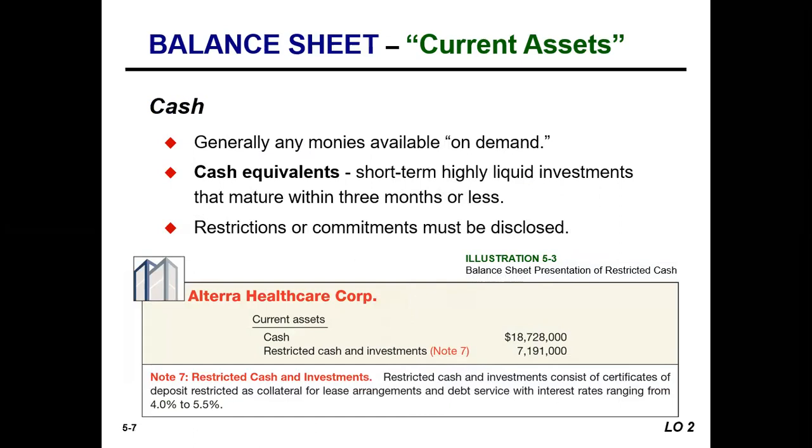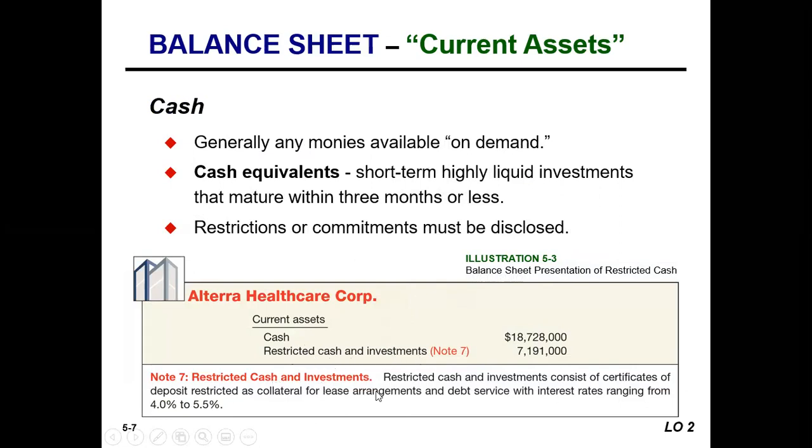Cash, again, we know what cash is, right? Cash equivalents, the other part of this: short-term, highly liquid investments that mature within 3 months or less. So we see an example down at the bottom. If we've got cash and then restricted cash and investments, that would be like our cash equivalents.